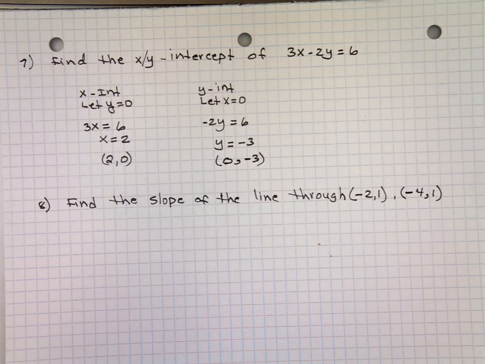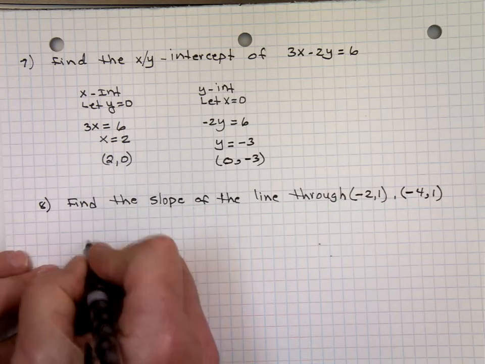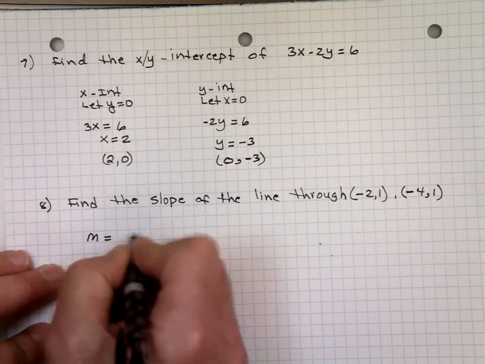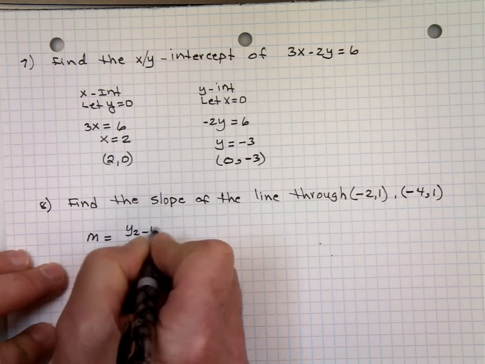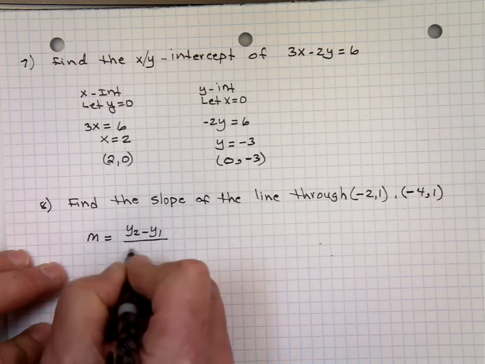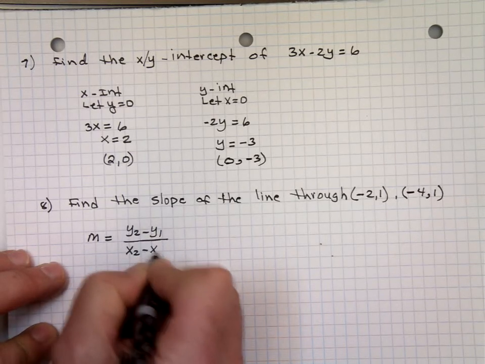The slope m equals y sub 2 minus y sub 1 over x sub 2 minus x sub 1.